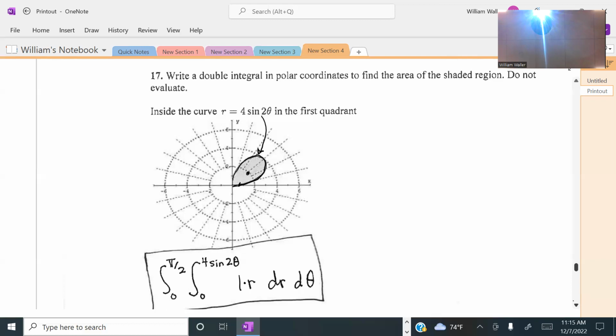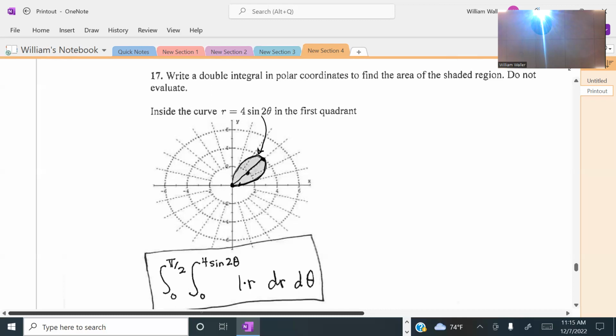Points on the curve have radius exactly 4 sine 2 theta, and points inside have a radius less than that. So r goes from 0 up to 4 sine 2 theta, and you can have any radius in between. So your r ranges from 0 to 4 sine 2 theta.